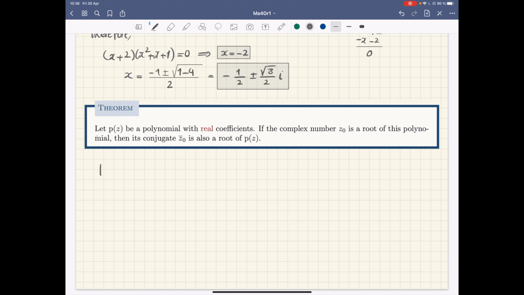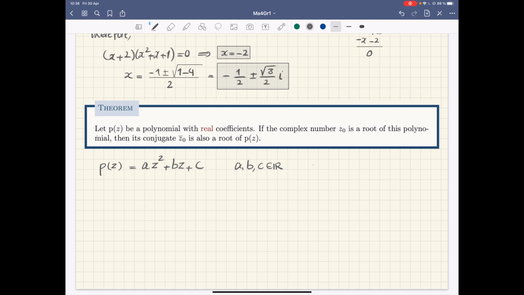So for example, assume that my P of z is just a polynomial of second degree. So I would write it as az squared plus bz plus c. Yes, you immediately realize that what I am saying now will be immediately modified to a polynomial of any degree. Okay, what we know is that a, b, and c are real.